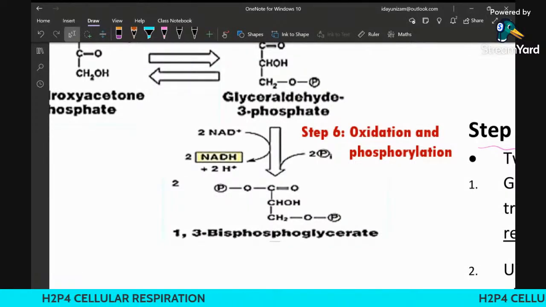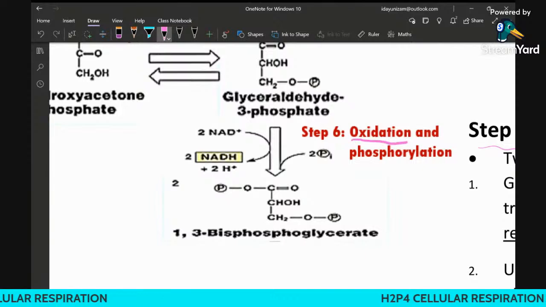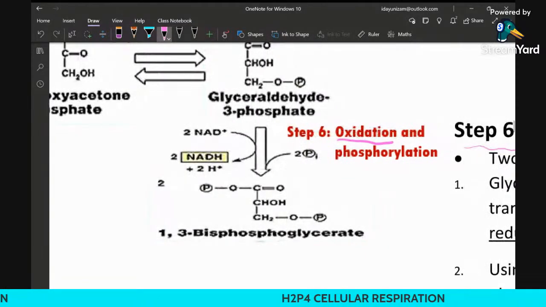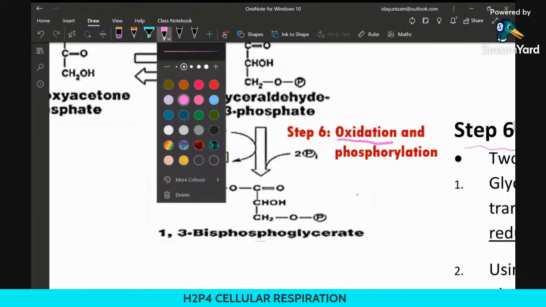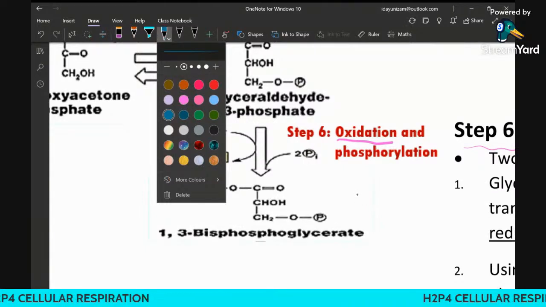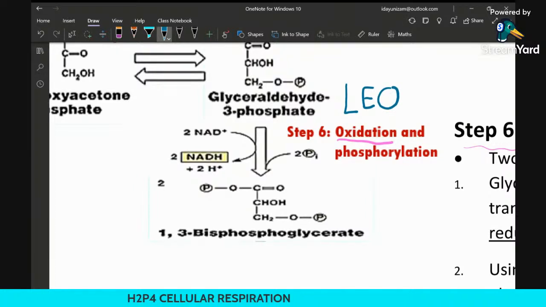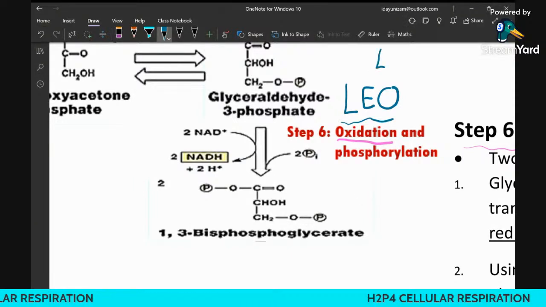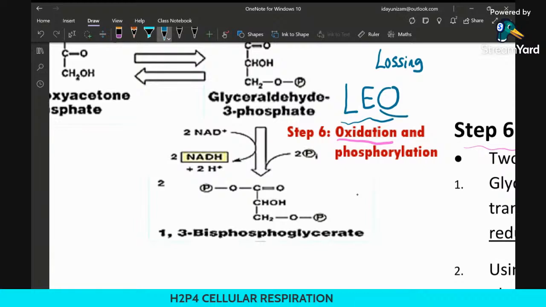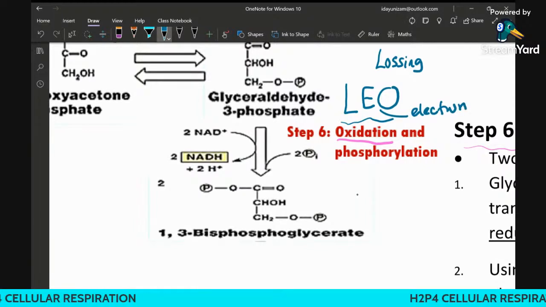So the concept of oxidation in chemistry, when you say oxidation, it is referring to the concept we call LEO. LEO means losing electron: L means losing, E means electron, and O means oxidation.